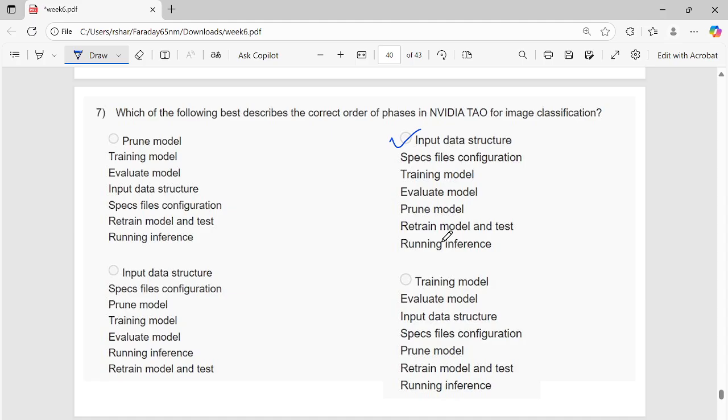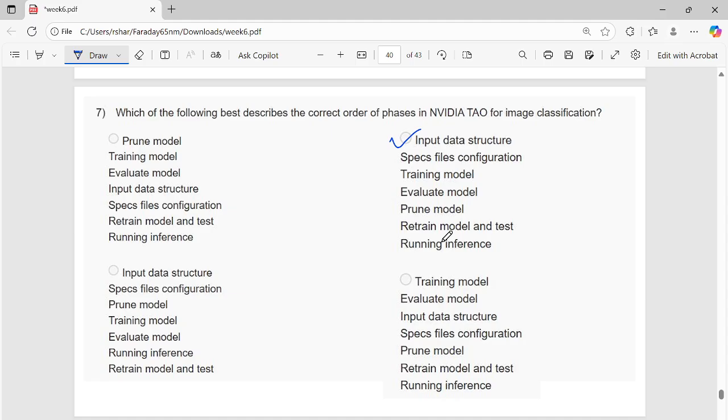So what is input data structure? It involves organizing and preparing the dataset. We need the data in the right format, like images, labels, or annotations, before doing anything else. TAO expects the data structure in a certain way for training and evaluation.